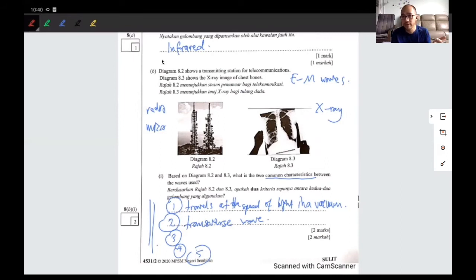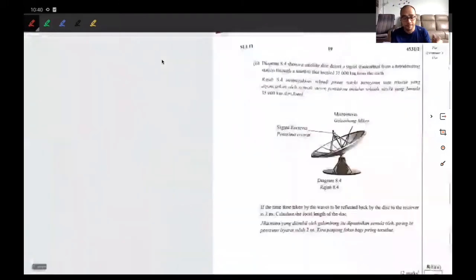It is a transverse wave. Talk about the velocity. There are a lot of characteristics of electromagnetic waves, so it'll be a good idea for you to research it and write out the full answer. But I'll just give you the two here for now.